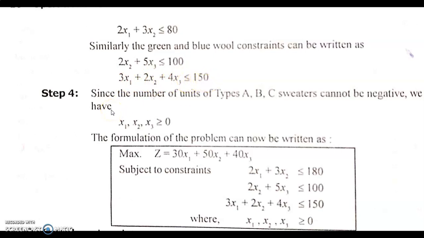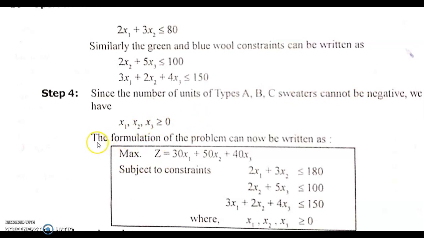The last, fourth step is to make the non-negativity restrictions. Since the number of units of type A, B, C sweaters cannot be negative, we take all of them greater than or equal to 0.